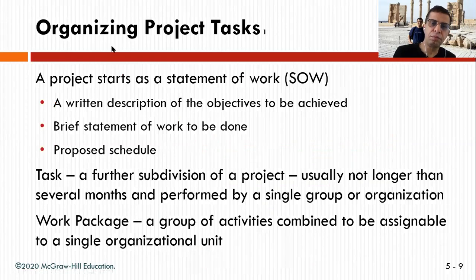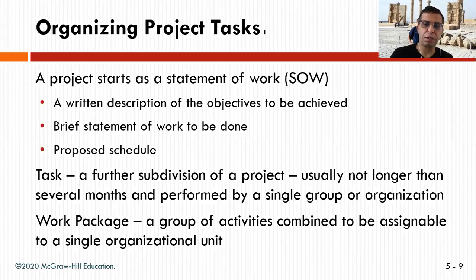Now, organizing a project task: we have what you call SOW, which is the statement of work. It's a written description of the objective to be achieved, plus a brief statement of the work to be done, and a proposed schedule accordingly, which is a pre-proposed schedule.